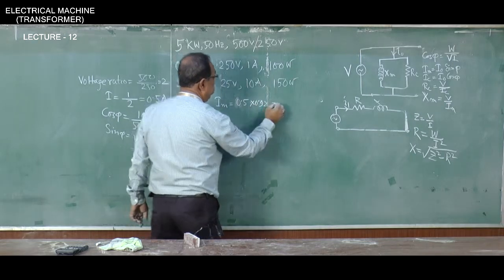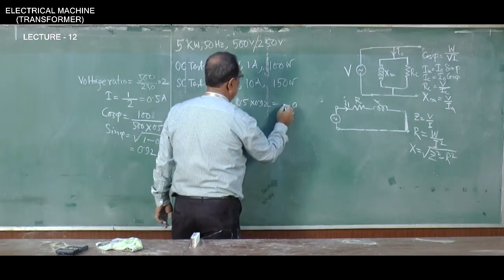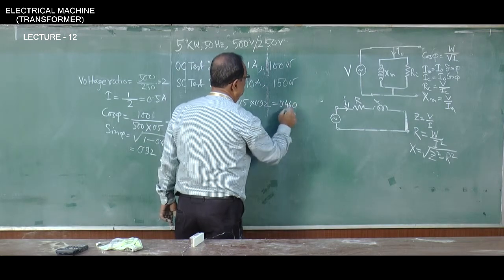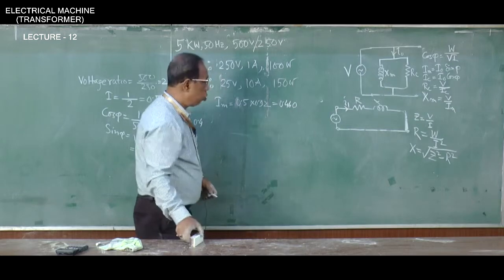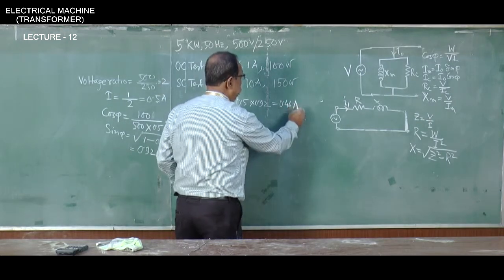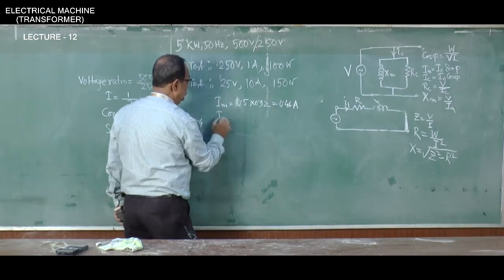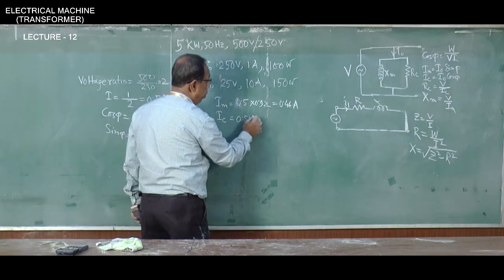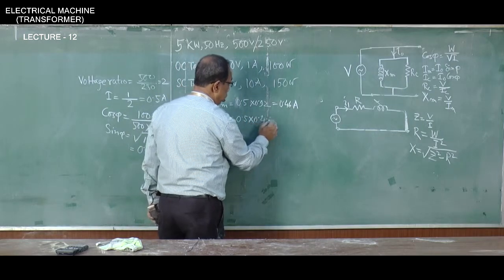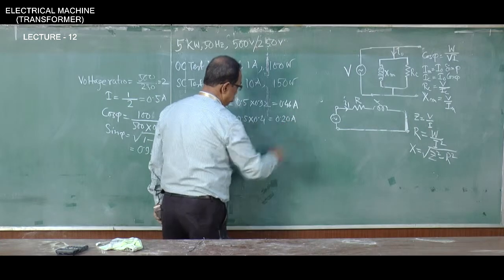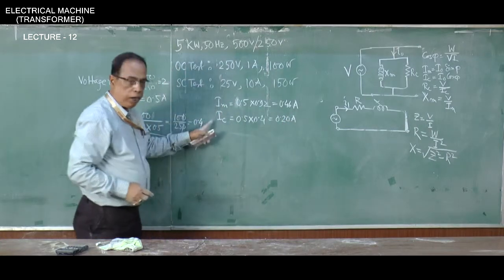So, it is becoming 0.46 ampere, that is IM, the magnetizing current. The loss component of the current will be 0.5 into 0.4, that means 0.20 ampere. So, this is IM and IC.